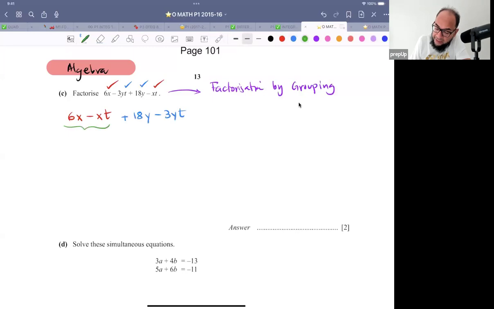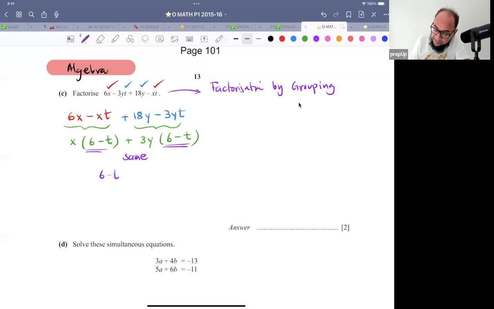From these 2, I'll take x common out. I'm left with 6 minus t. From these 2, I'll take 3 common out, y common out. So this is 3y and this is 6 minus t. And there is a positive sign in the middle. Now you have made a successful factorization if these 2 come out to be exactly the same, just like middle term factorization.